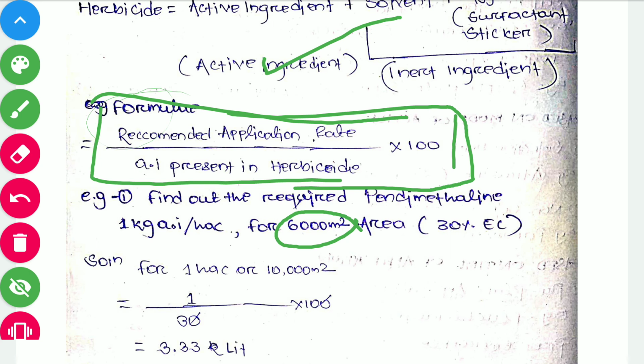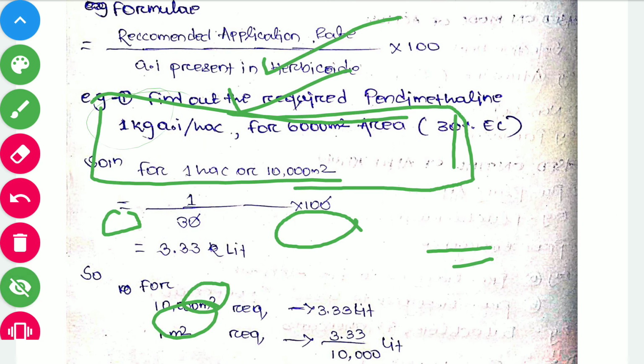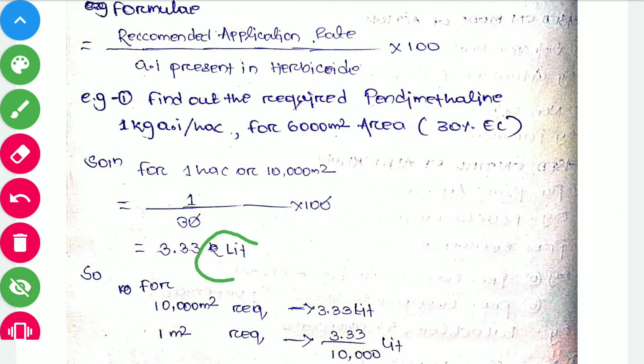Our formula is the recommended application rate. Your recommended application rate is 1 kg per hectare, so here we write 1. Then the active ingredient present in the herbicide is 30% EC, so we write 30. 1 by 30 into 100 comes to 3.33 liter. As it is an EC, the unit will be liter.